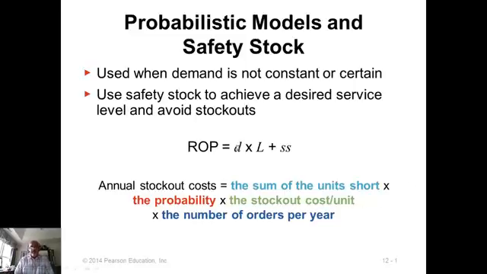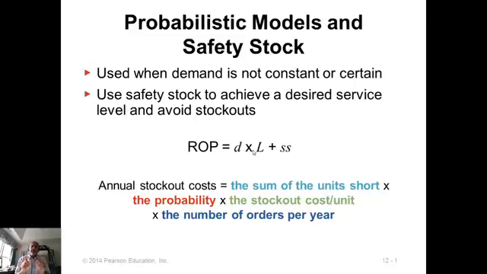Well, then we have to add a safety stock to D times L. If we still stick to D times L as our ROP, since the demand is fluctuating, sometimes the demand during the lead time will be smaller than expected, in which case you will still have stock left over when the new order comes in, no problem. But if the fluctuations are such that the demand is larger than D times L, then you would run out of stock before the new order comes in.